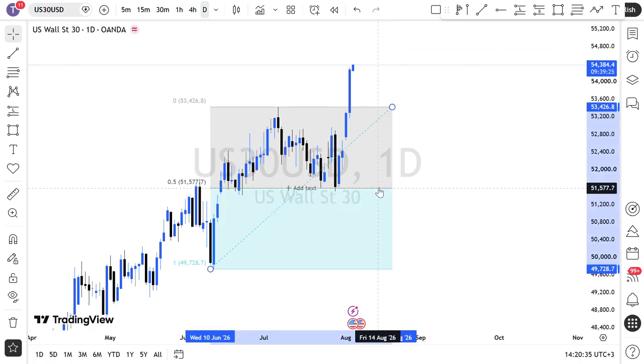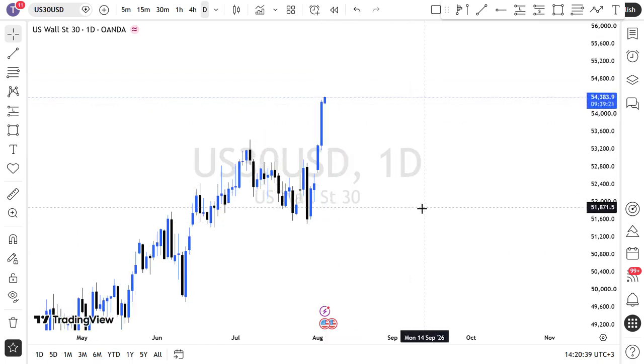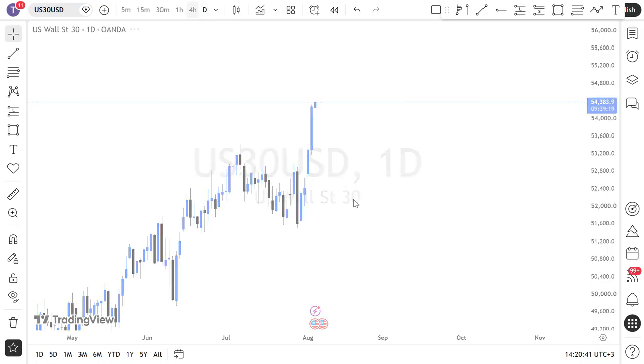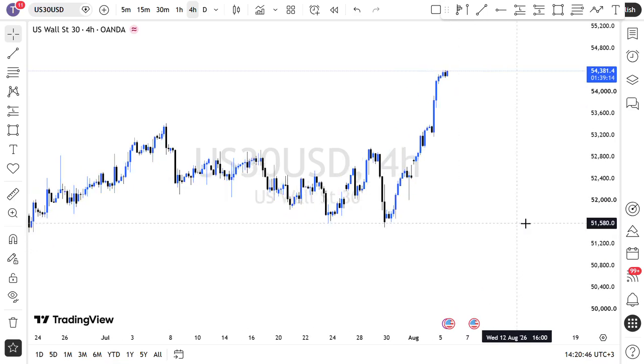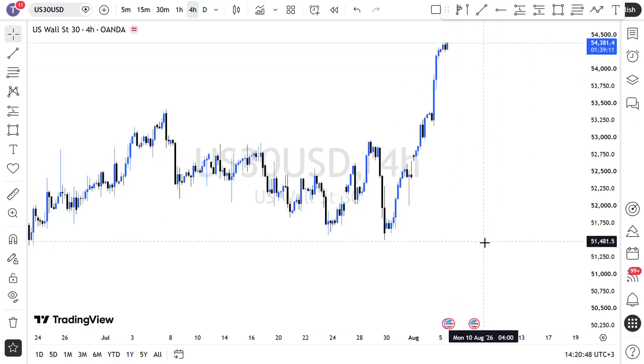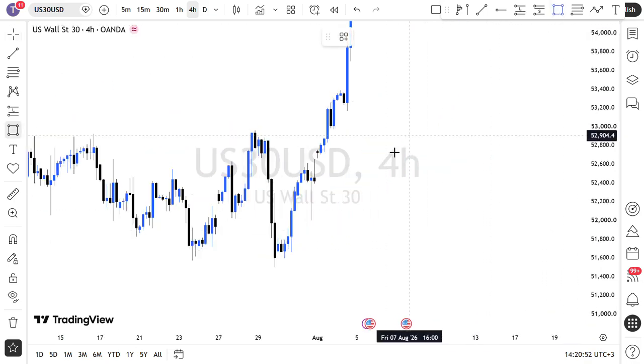So currently, we have price forming some beautiful fair value gaps, and you all know that once price forms those fair value gaps, price will always find time to come back down and try to fill in those fair value gaps. As you can see here, we had these fair value gaps.